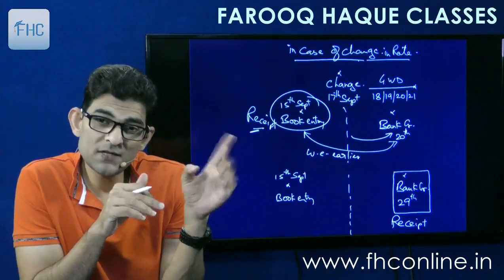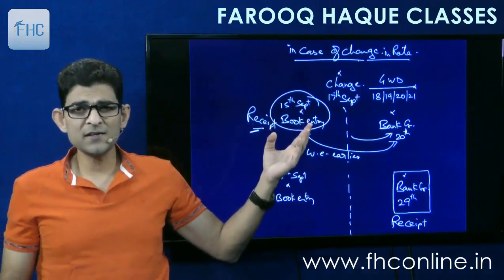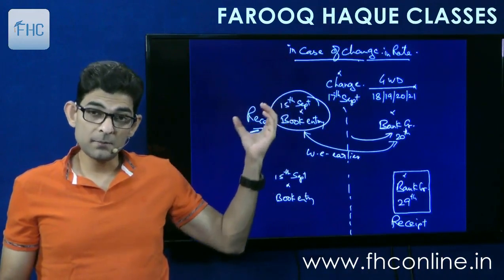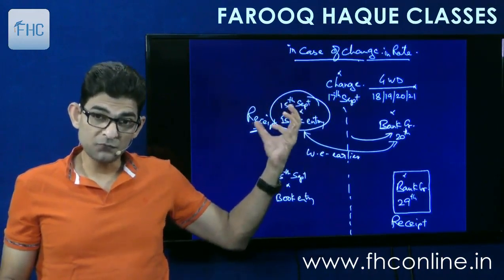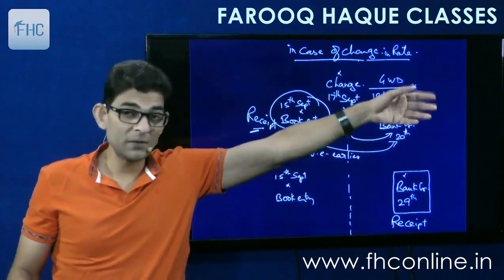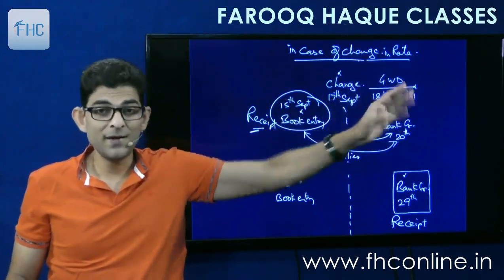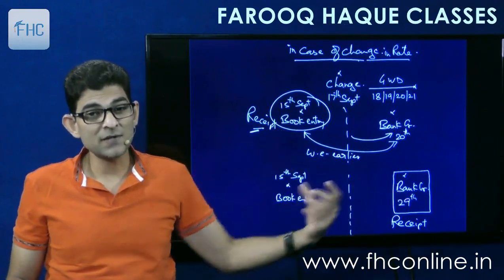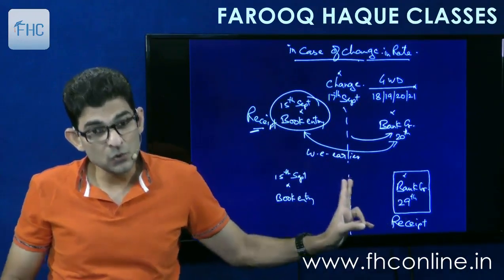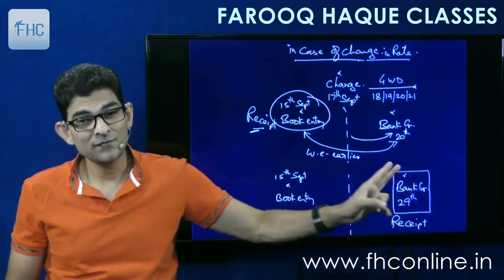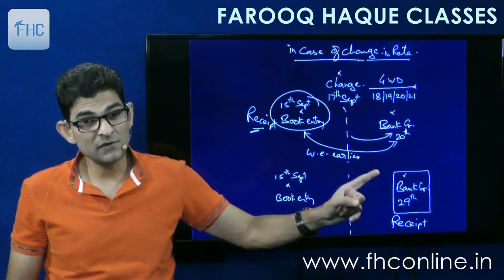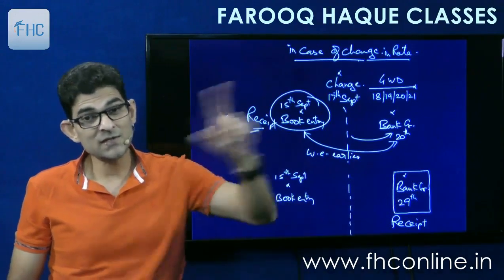If it is within 4 working days, great. Or if the bank credit is before the change itself, then we'll apply the normal rule. If both receipt means book entry and bank credit happens before, then we'll apply normal rule. If both happen afterwards, then also we'll apply normal rule. But if one is before, one is after, that is book entry is before, bank credit is afterwards, and it is beyond 4 working days, then this is the exception. Then we'll take bank credit as the date of receipt.